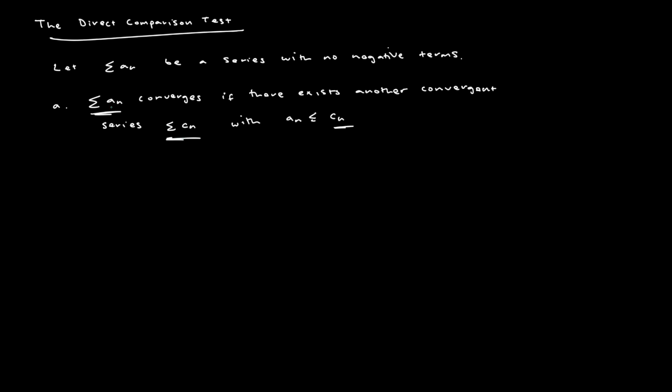That makes sense logically, because if we know another series that always has higher values than the original series converges, then the original series, which takes on lower and lower values, obviously should converge. And hopefully you can find the part B, which is also analogous to the part B of the direct comparison test for integrals.